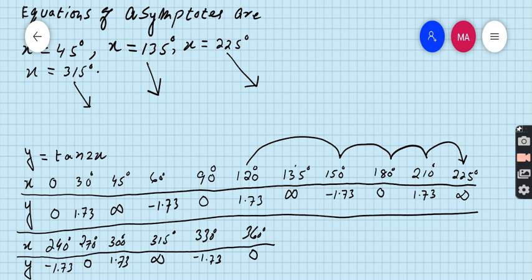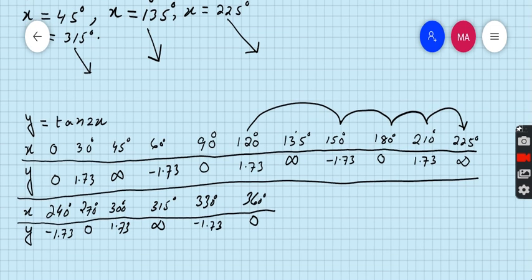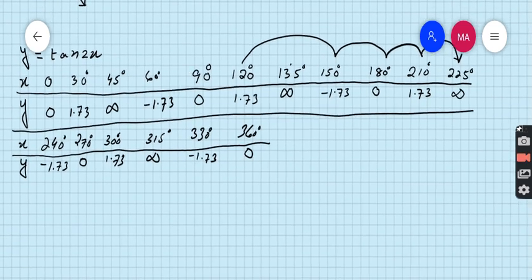So the table is very important. Whenever you take any interval, keep in mind you have to take all the asymptotes, because without asymptotes the tangent graph is not possible. So after making the table, start to draw the graph.